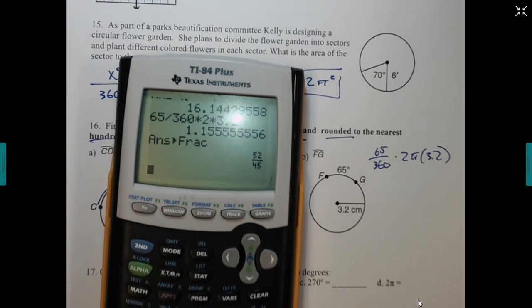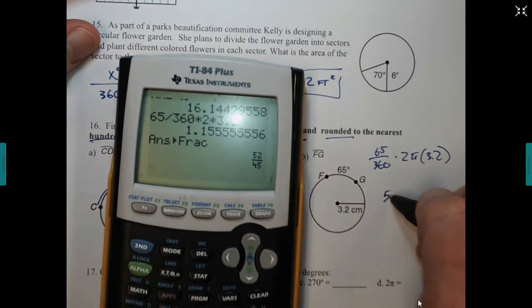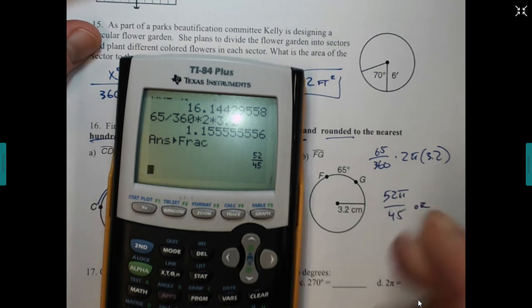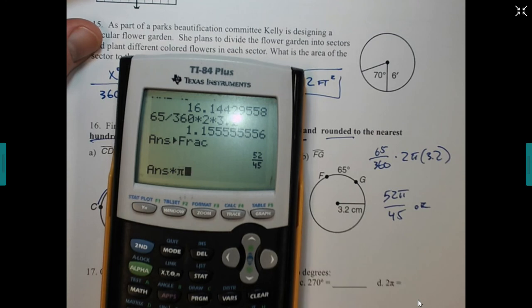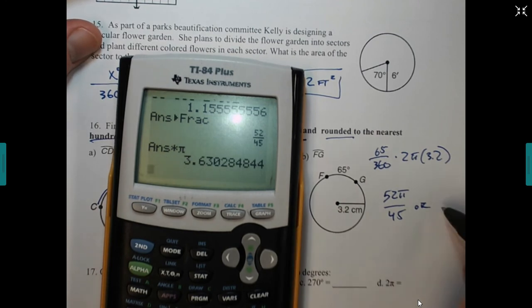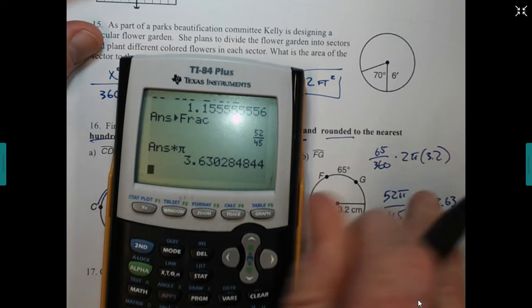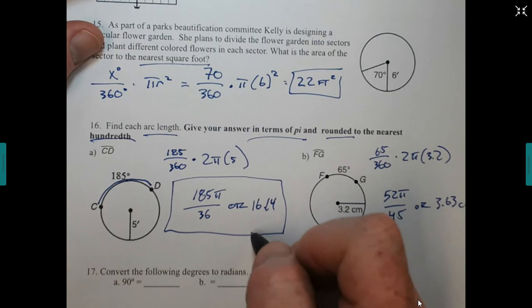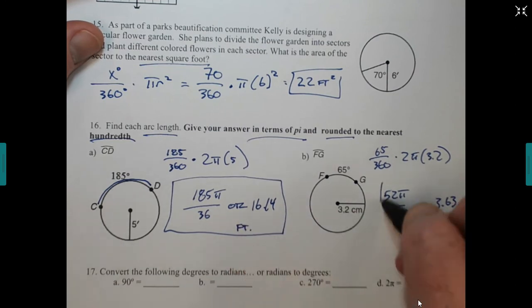I can. 52 pi over 45, or plug pi in, and I get 3.63. These are arc lengths, so that should be centimeters, this should be feet.